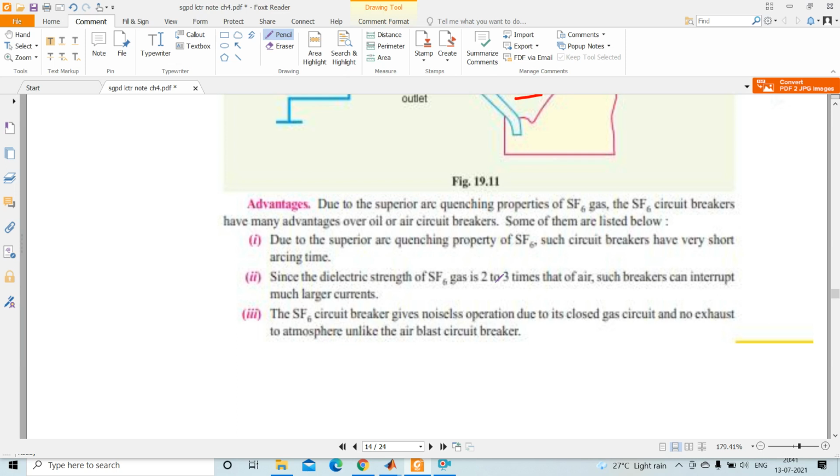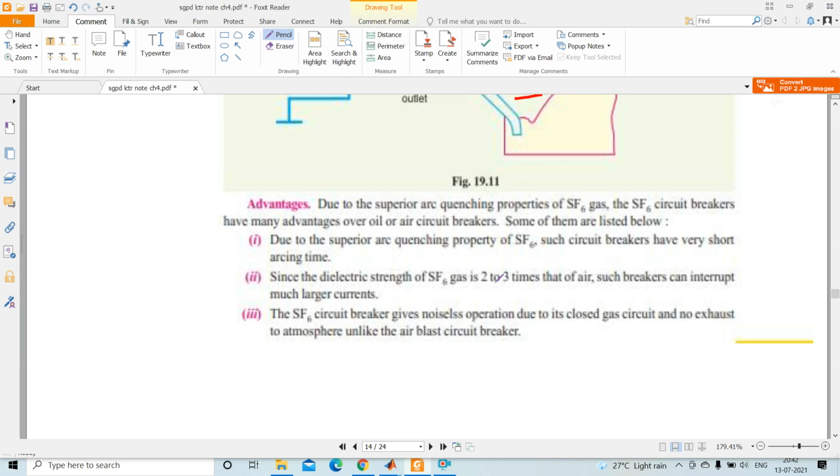Short arcing time means the circuit breaker operates very quickly. In the SF6 circuit breaker, it operates very quickly, and since SF6 has superior arc quenching property, obviously it has very short arcing time.